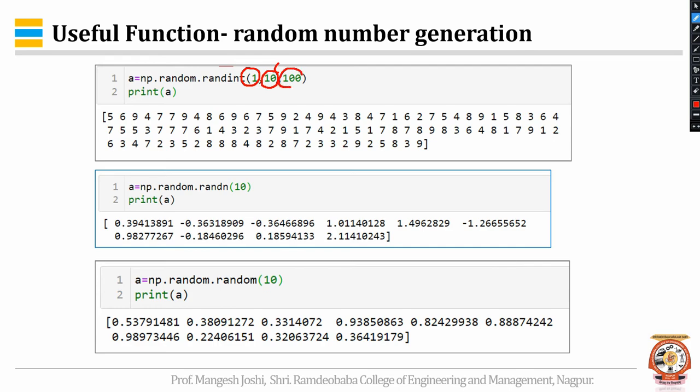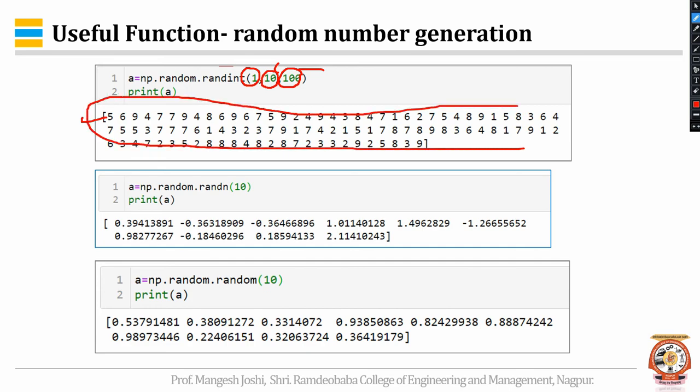The third parameter is how many values you require, that means you require 100 values between 1 and 10. Ultimately you are printing it, so you are getting a list. So these are the 100 numbers which you have generated randomly.